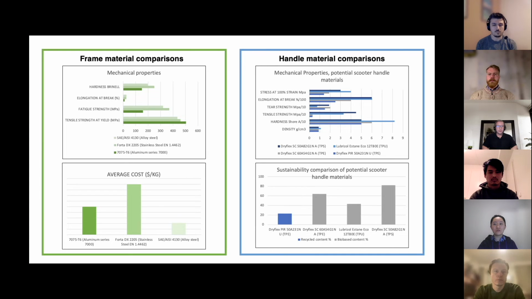And as for the handle, we have all the different strength measurements here, and we also have the biomaterial content and the recyclability information. But as already said, the biomaterial content was very important for the sustainability aspect of the handle.